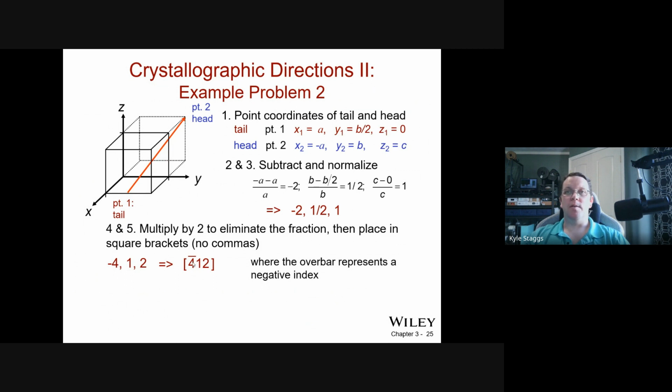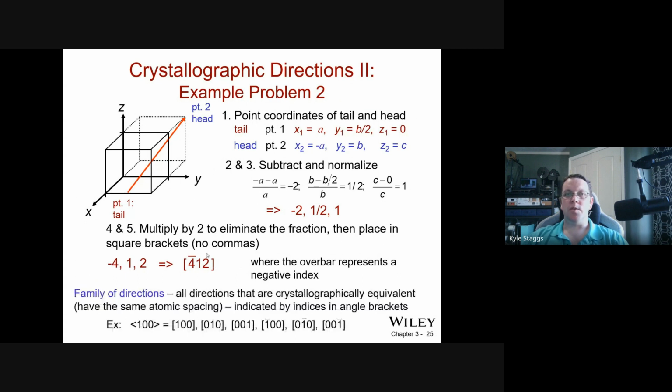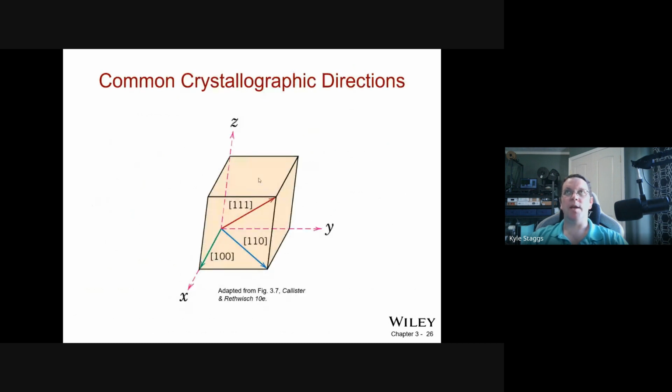And so we get 4 bar, 1, and 2 is the notation for the negatives. So these indices are really not actually all that bad, but understand that there are basically variations of all of these, and we always indicate them with the angle brackets.